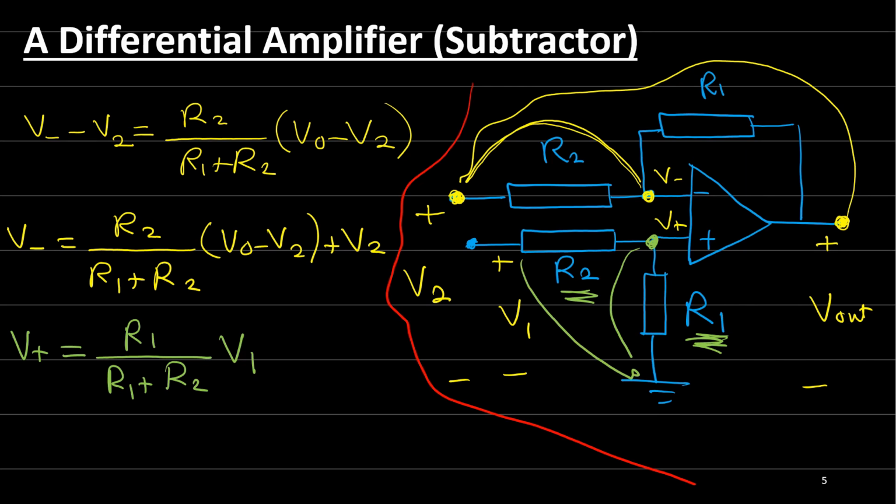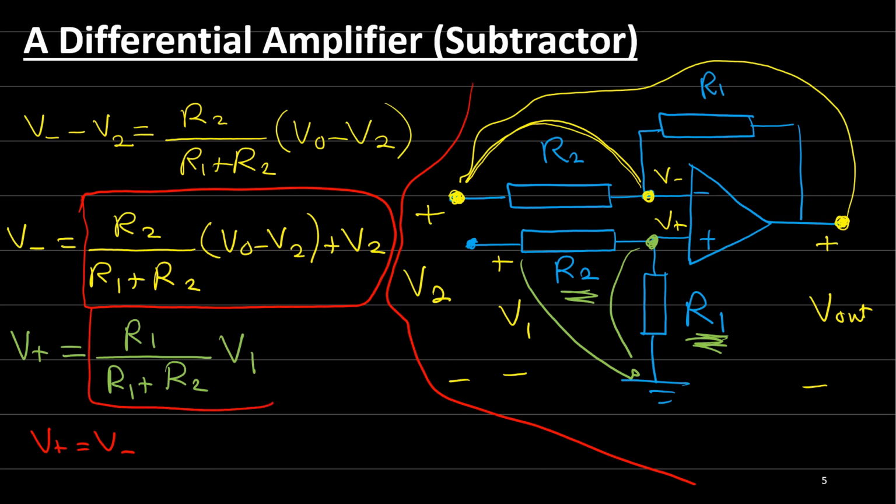From the voltage rule, since we have V plus equals V minus, and this is just a typical circuit connected to a feedback resistor, this value here must be equal to this value. So let's equate them and find the relation.